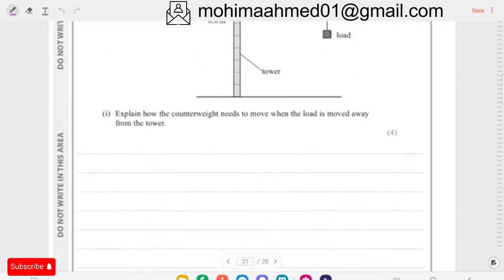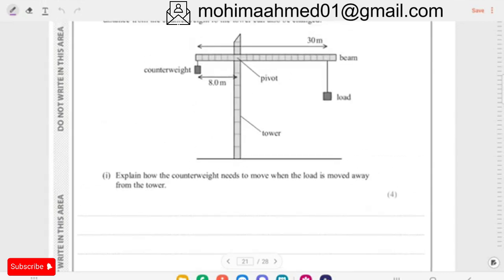So in that case, the first thing that has to be in mind is the principle of moments, right? The total clockwise moment must be equal to the total anti-clockwise moment, and over here the clockwise moment is only about the weight of the load. We have to state also that the total anti-clockwise moment is due to the counterweight, and the total clockwise moment is due to the load.